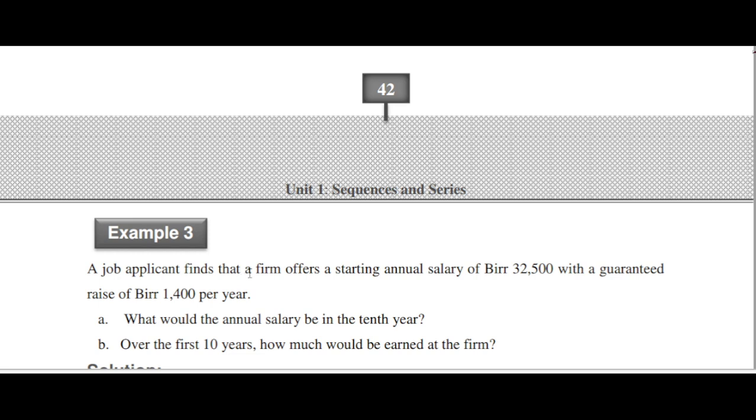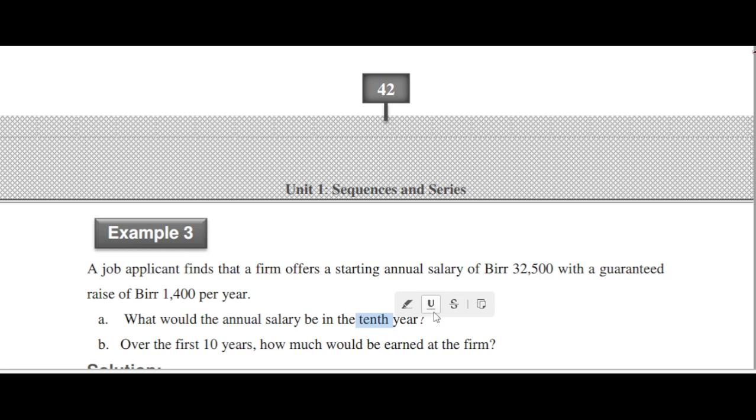A job applicant finds that a firm offers a starting annual salary of $32,500 with a guaranteed raise of $1,400 per year. What would the annual salary be in the 10th year? What you have to find here? This is an initial value, A1.